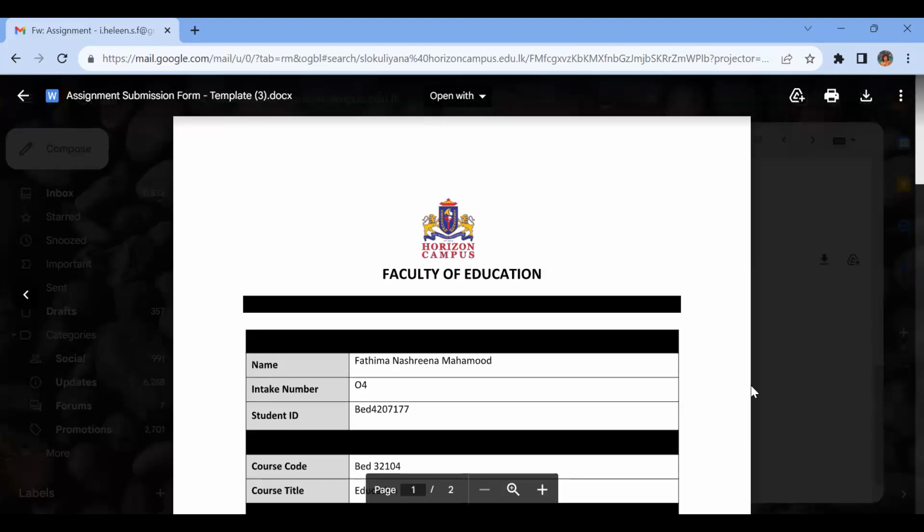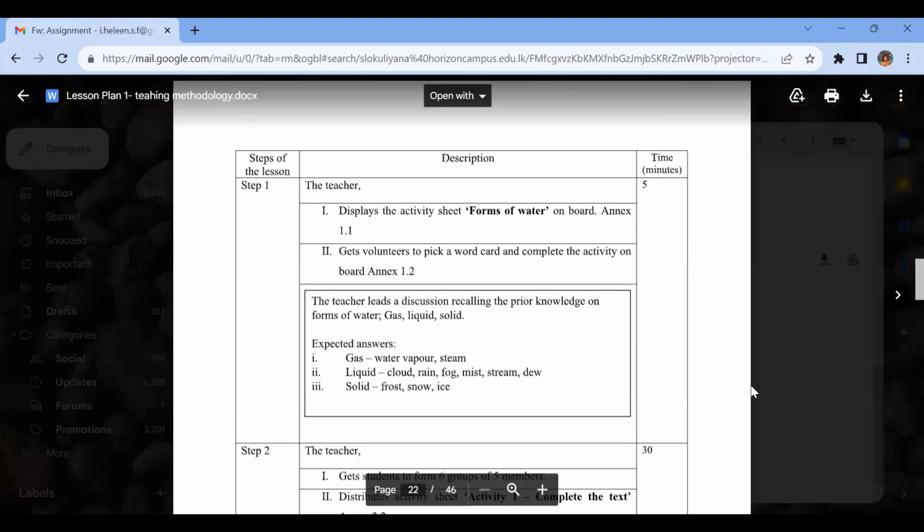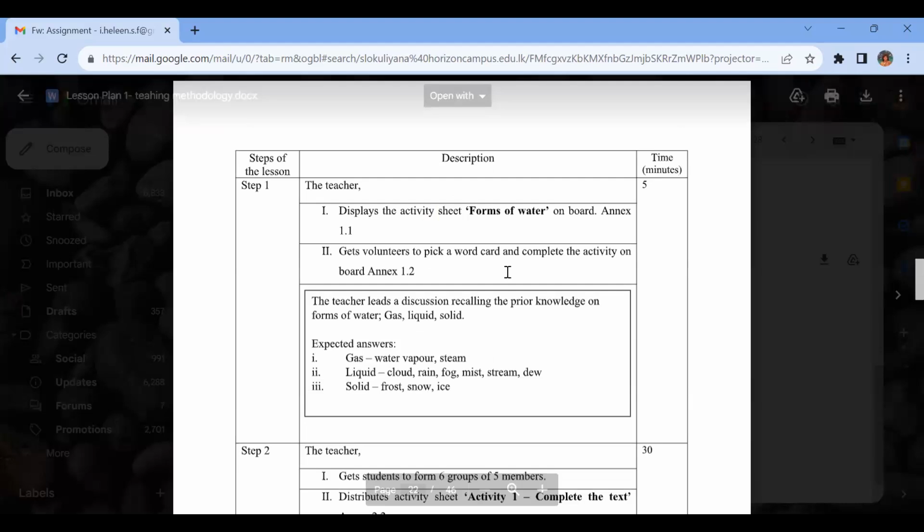Now here, there are forms of water. They already know it. So you put a kind of activity sheet on the board, maybe a demy paper or one you bring from home. It's already planned. You put it on the board and get volunteers to pick a word card and complete the activity on the board, Annex 1.2.